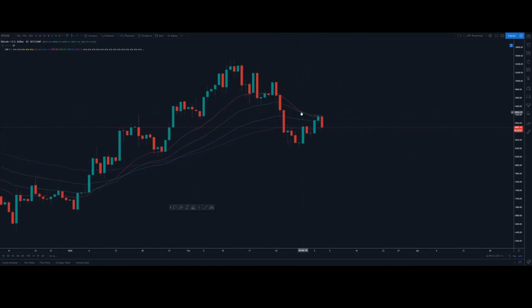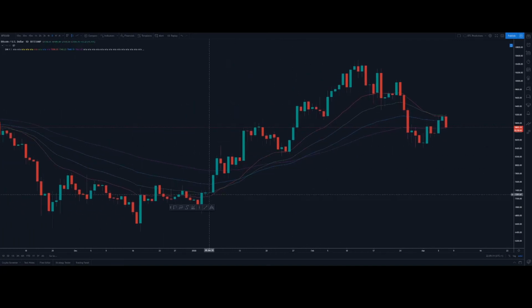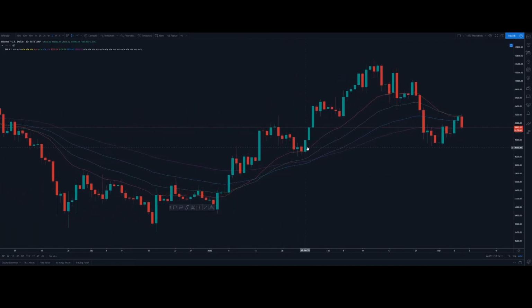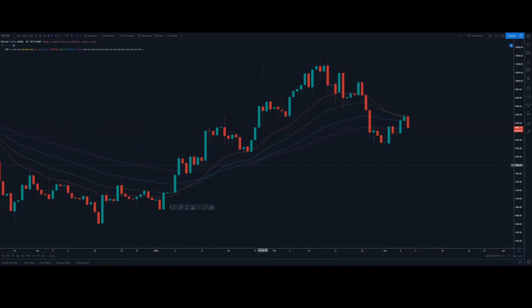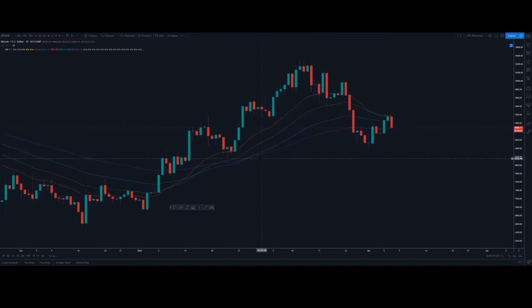So as you can see here, it went up, crossing over other EMAs until you get this pattern: purple, blue, green, and red, from down to the top. If you get this order, it means it's probably going further up. You got a bullish continuation.